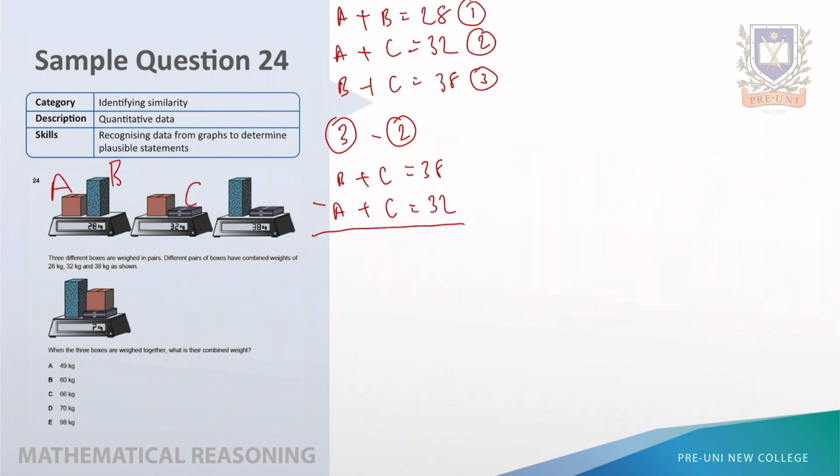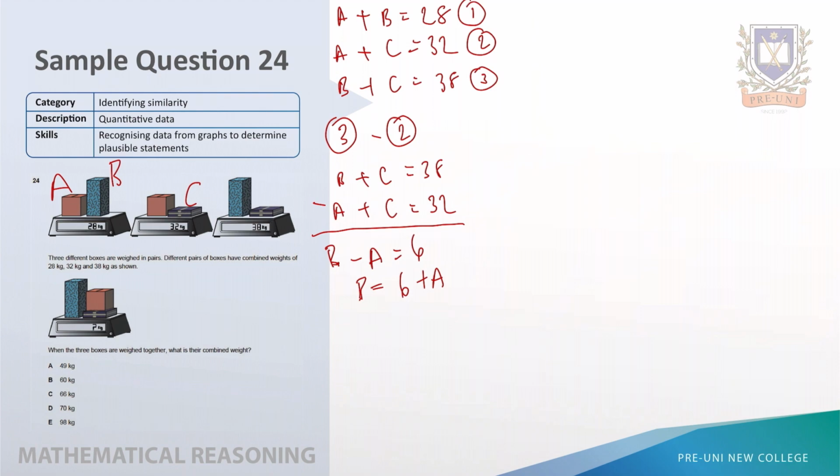And then when we subtract 2 from 3, we end up with B minus A is equal to 6. And then we can rearrange that to have B is equal to 6 plus A. And then we can sub this new equation into equation 1 because we haven't used that one yet.